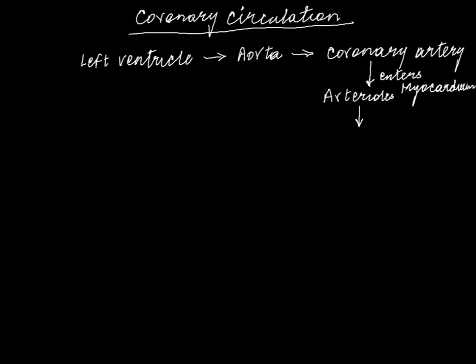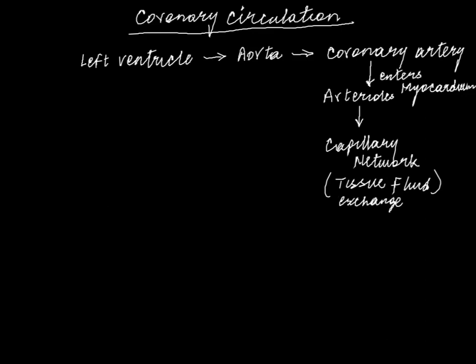The arterioles will further branch into a capillary network, and across the walls of the capillaries, there will be formation of tissue fluid, and there will be exchange between the cells and the tissue fluid. Is that clear? So oxygen will be absorbed, carbon dioxide will be released, other waste will be released, and whatever is needed, glucose, amino acids, will be absorbed.